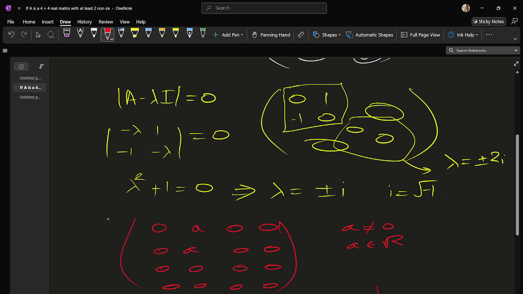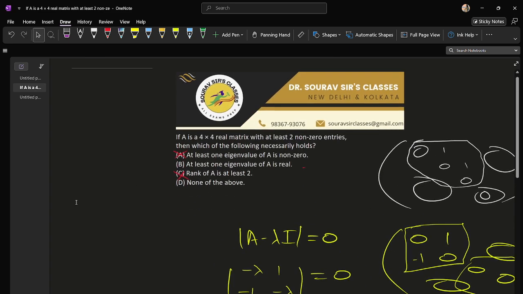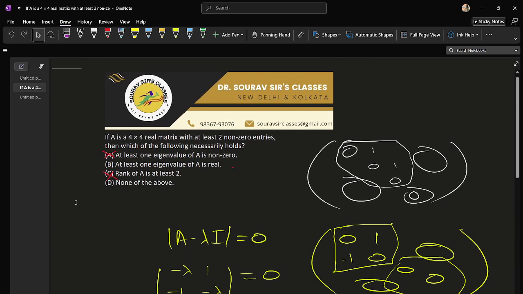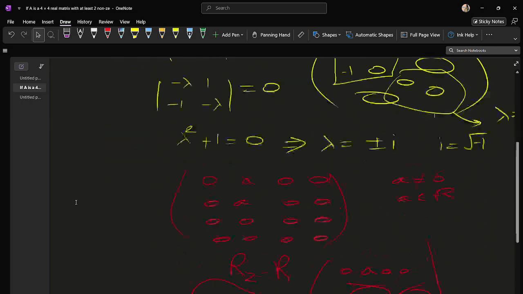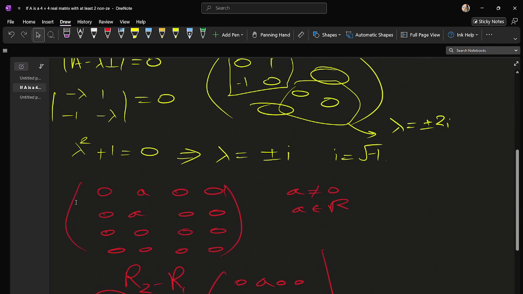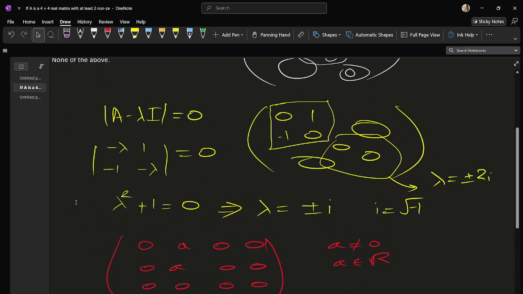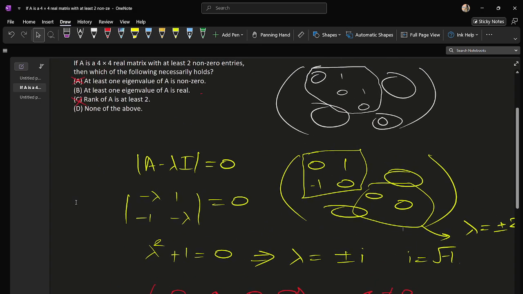So by consideration, our option B will be true here, because with plus minus i and plus minus 2i we were taking four non-zero entries, but they told us at least two. So from this case we can conclude that at least one eigenvalue of A has to be real. Okay, so that will be the correct statement.